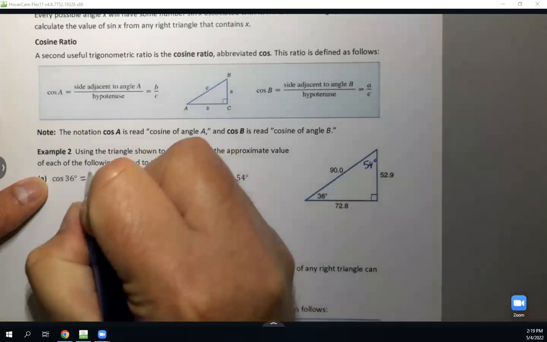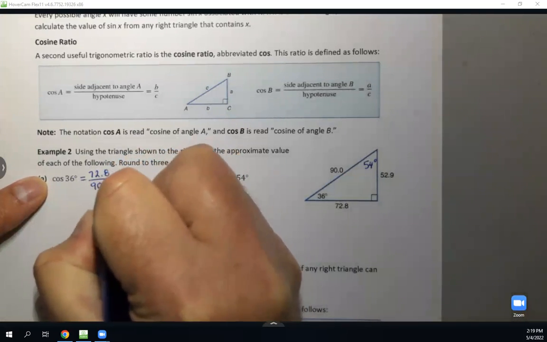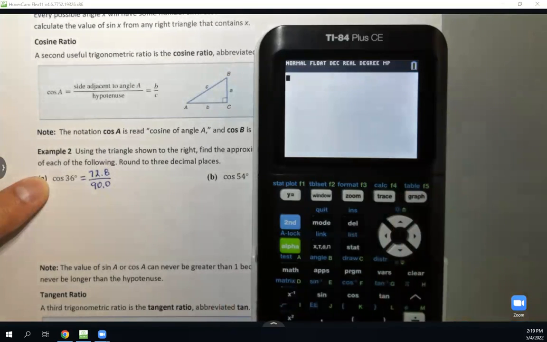So that's going to equal 72.8 over 90.0. So 72.8 divided by 90.0 is 0.809.